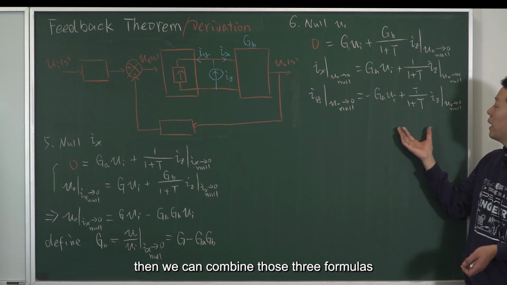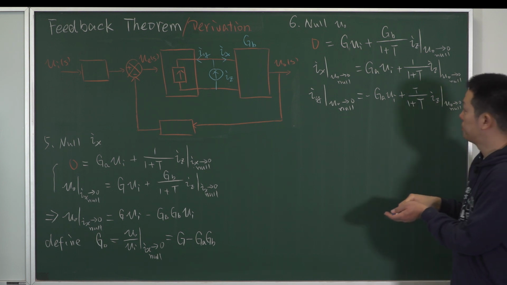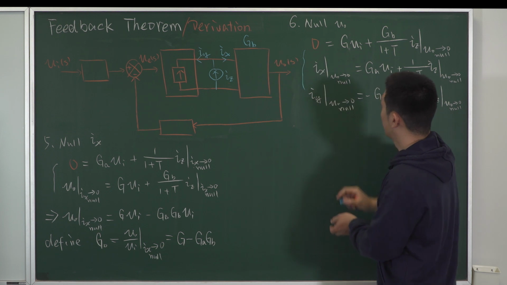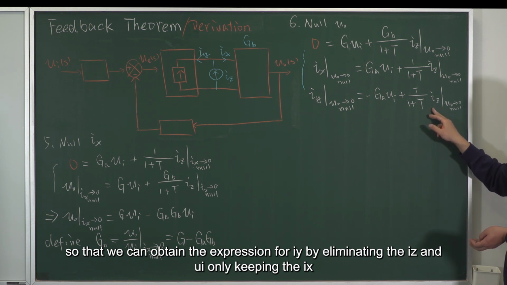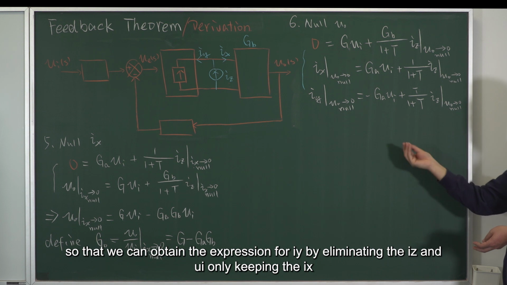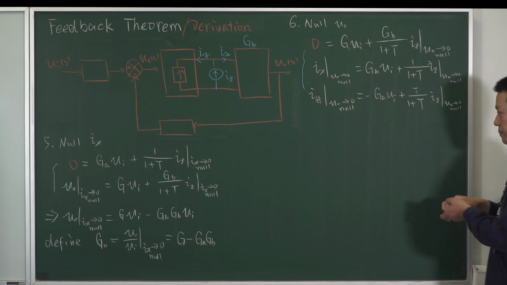Then we can combine those three formulas so that we can obtain the expression for Iy by eliminating Iz and Ui, only keeping Ix.